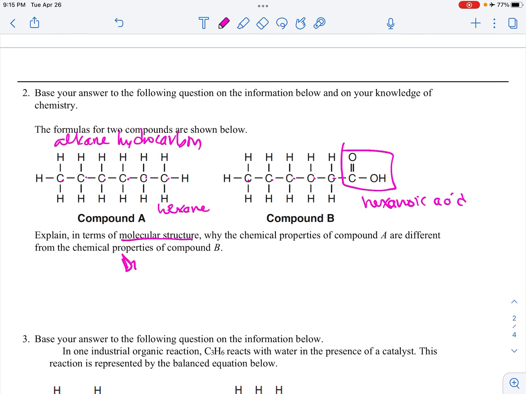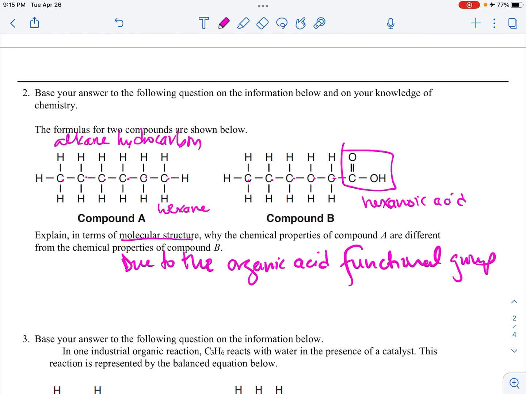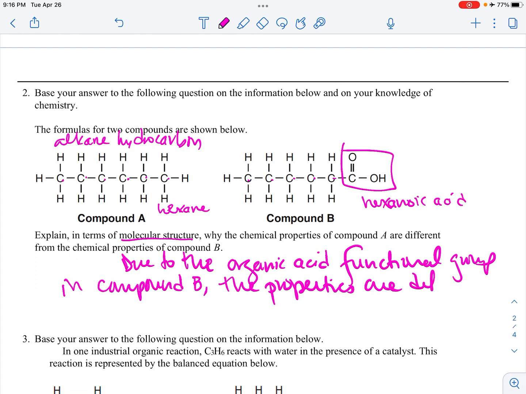So due to the organic acid functional group in compound B, the properties are different than in A. So it talks about molecular structure.